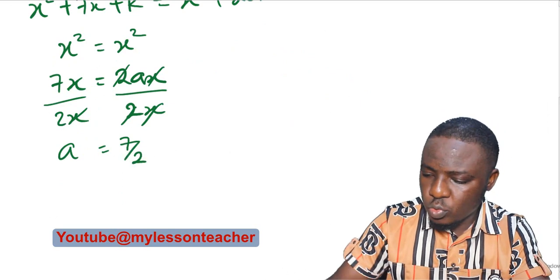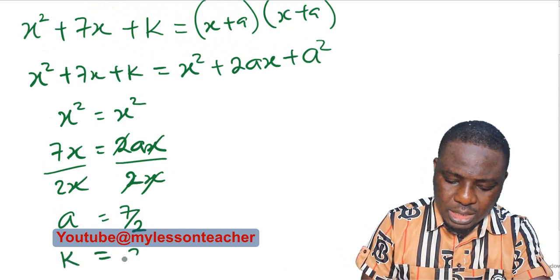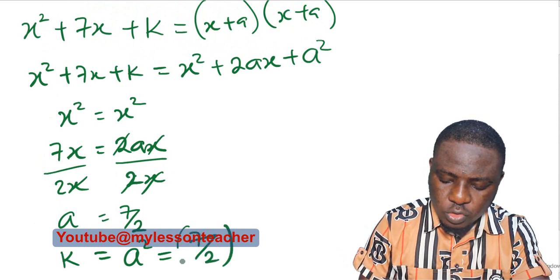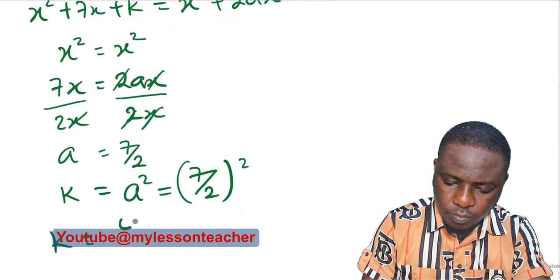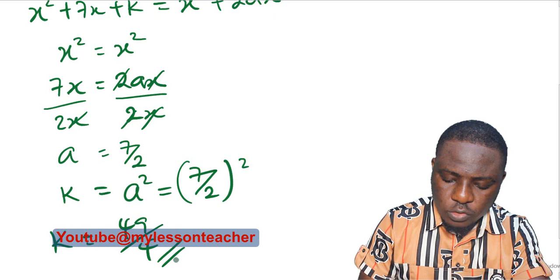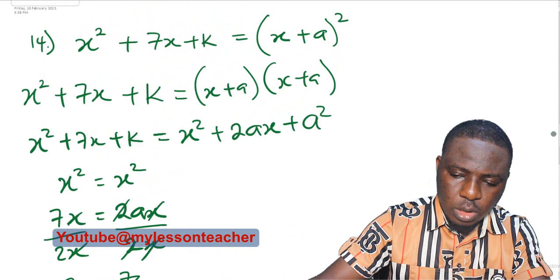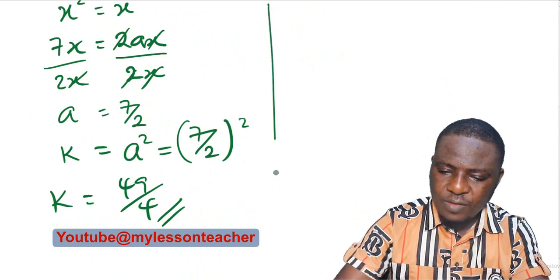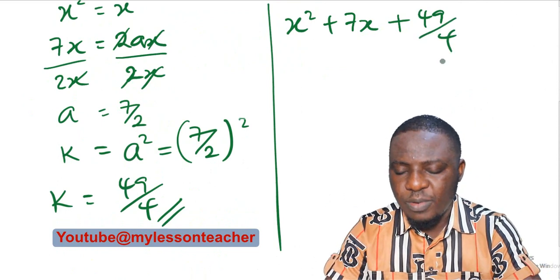7 over 2. So 7 over 2 is said to be a, where our k is said to be a squared. So k now is said to be 7 over 2 squared, which is equal to 49 over 4. So 49 over 4 is that term that must be added to x squared plus 7x to make it a perfect square. So we have x squared plus 7x plus k, which is now 49 over 4, to be a perfect square.